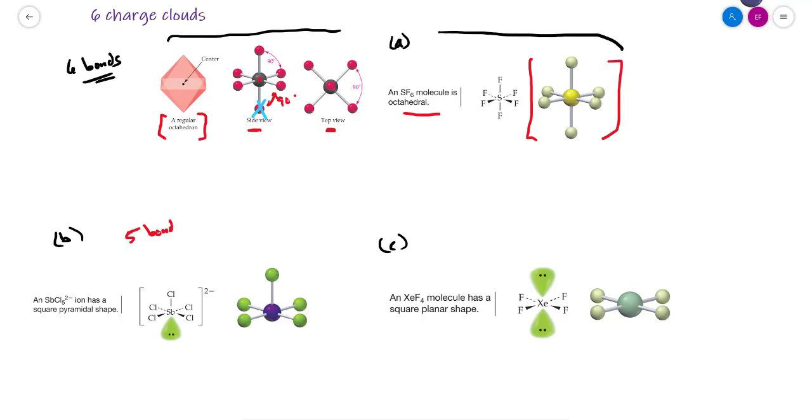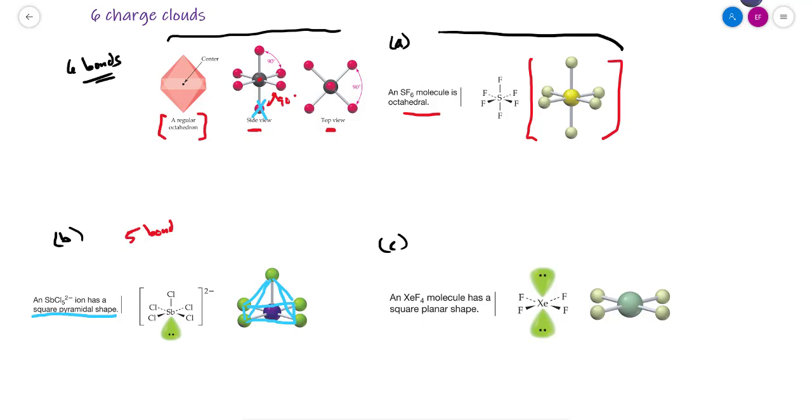You nix one of those atoms, and you replace it with a lone pair. That's going to give you this nice flat rectangular bottom with a pyramid shape at the top. So we call that a square pyramid shape, or square pyramidal, instead of trigonal pyramidal, because the base of the pyramid is square shaped.